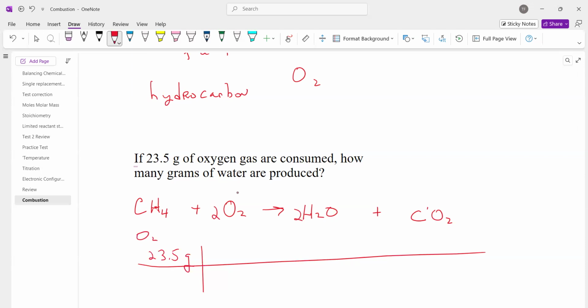So let's set it up first here. Okay, so step 1 is convert to moles. Step 2 is the mole ratio from the balanced equation. And then we go from moles to grams.